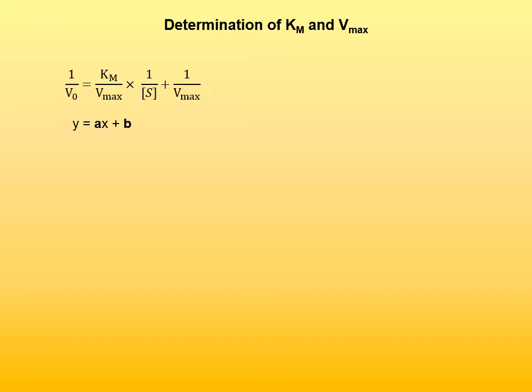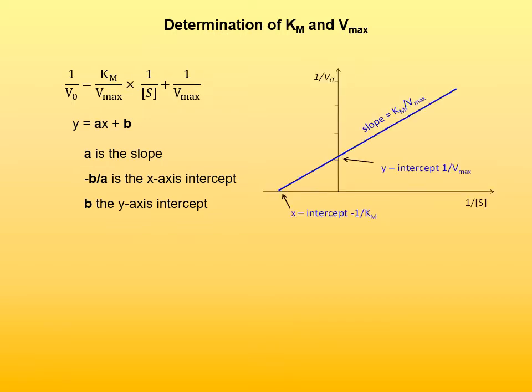The general equation for a straight line is y equals ax plus b. a is the slope, minus b over a is the x-axis intercept, and b is the y-axis intercept. Here is what the actual graph looks like as a double reciprocal plot of the Michaelis-Menten equation.